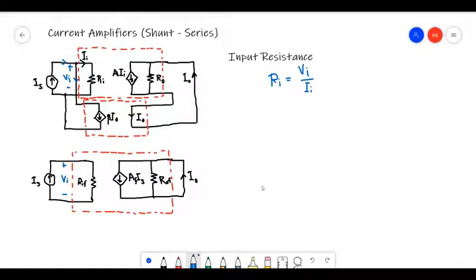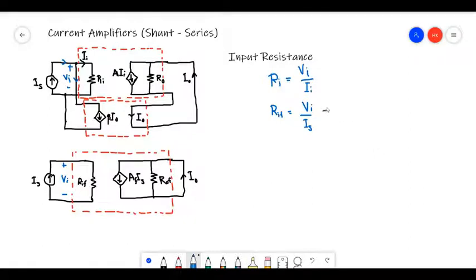So I can write RIF is equal to Vi divided by Is.